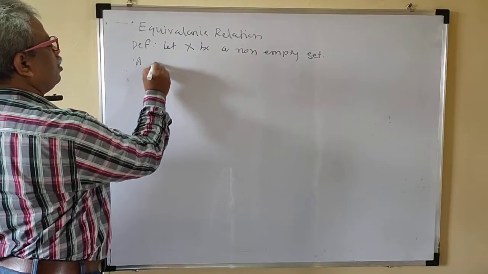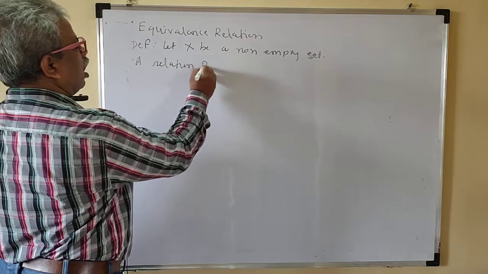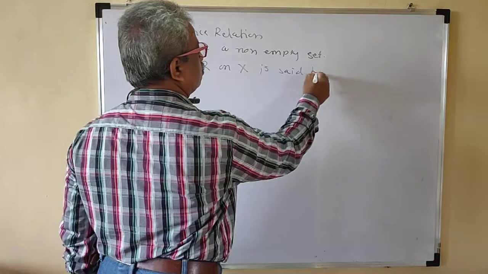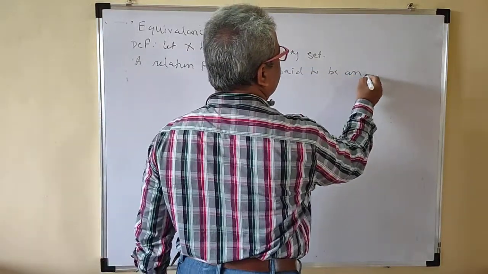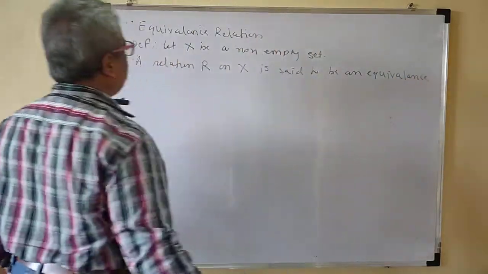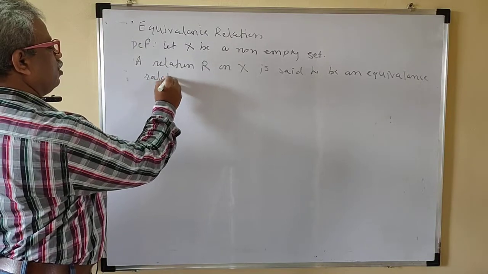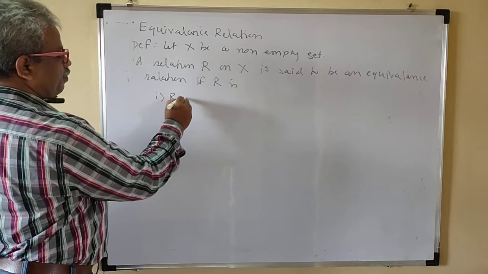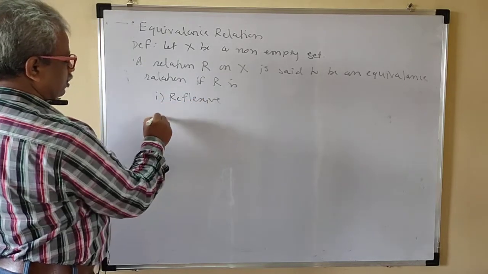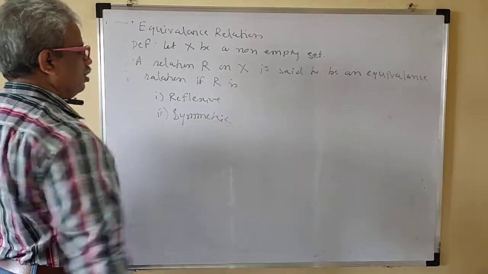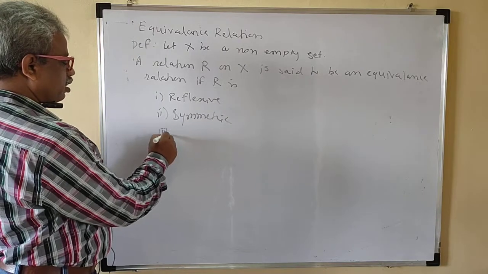A relation R on X is said to be an equivalence relation if R is first reflexive, second symmetric, and third transitive.